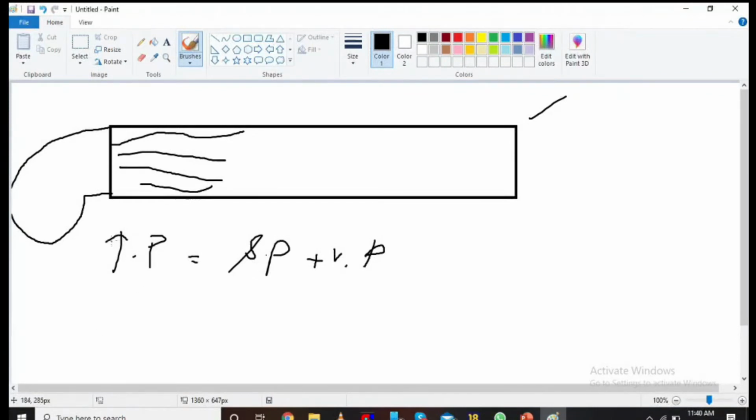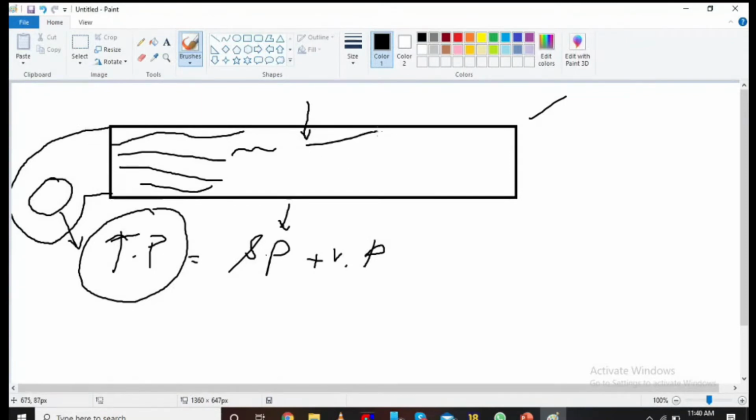The only source for creating the total pressure inside a duct is your centrifugal fan. This is the flow. If the pressure is acting perpendicular like this, that is static pressure. If the pressure is acting parallel to the flow, that is velocity pressure. Addition of both in a system will be total pressure.